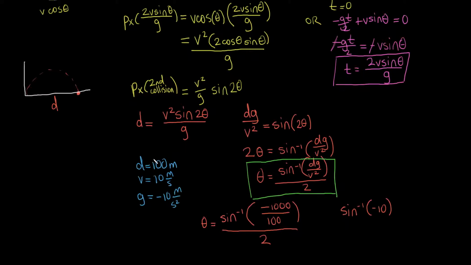But let's say we amended this very slightly. Instead of coming out of its source at 10 meters per second, what if we said it came out at 50 meters per second? If it came out at 50 meters per second, now instead of dividing by 100, we're dividing by 50 squared, which is 2,500. So now we're dividing by 2,500.